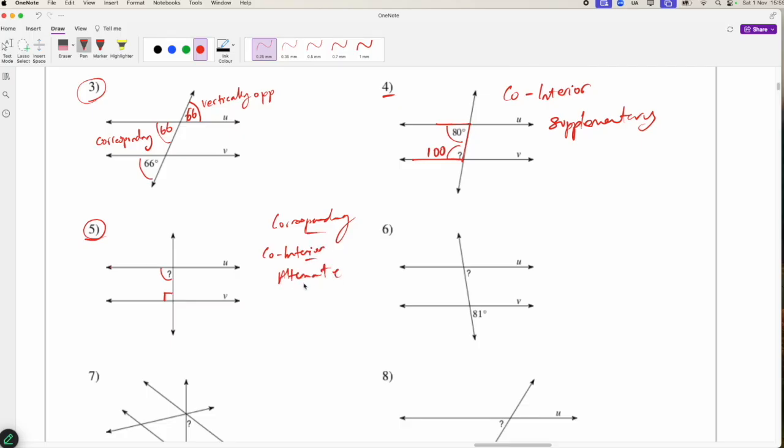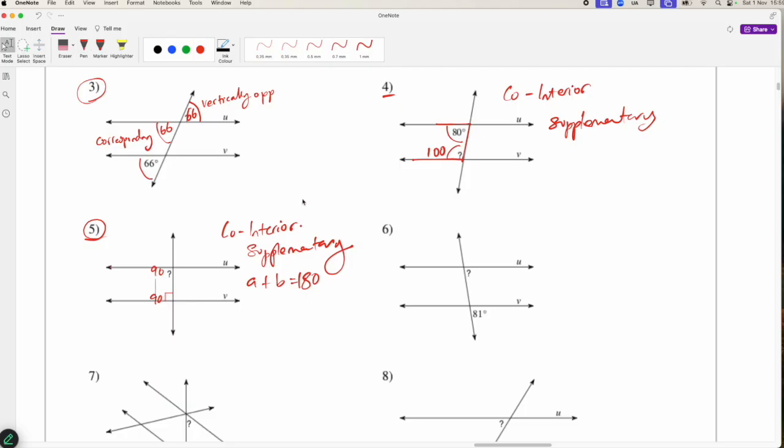Which one of these is this? Co-interior, that is correct. Co-interior angles are supplementary. That means they add up to 180. So if this is 90, this will have to be 90 as well in order to add up to 180.